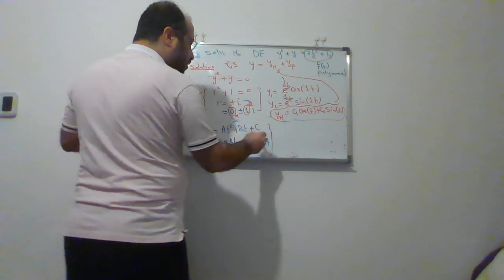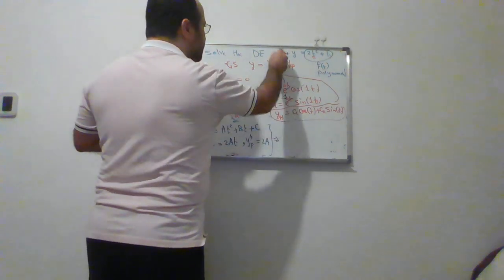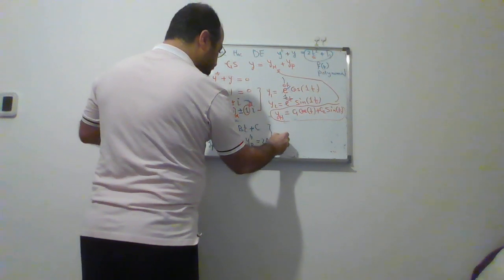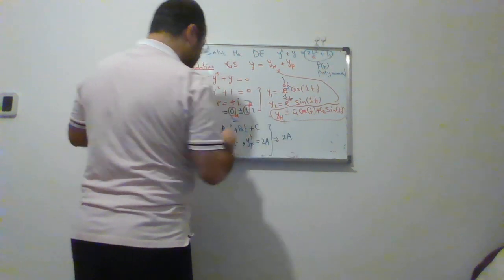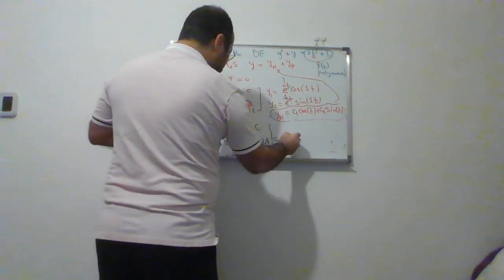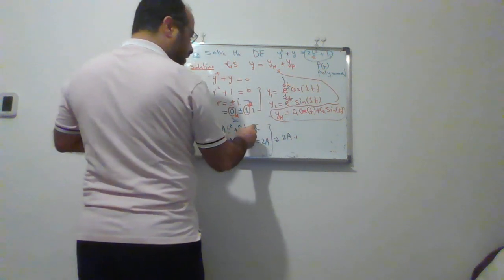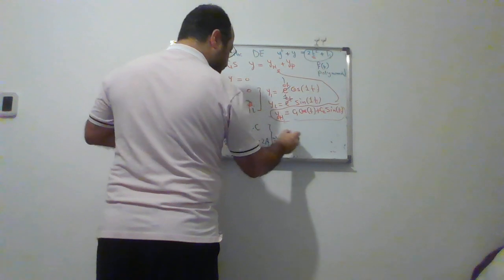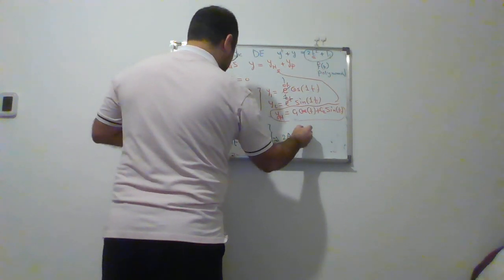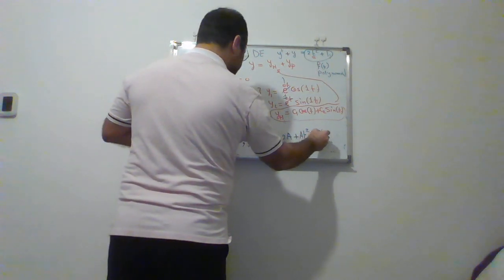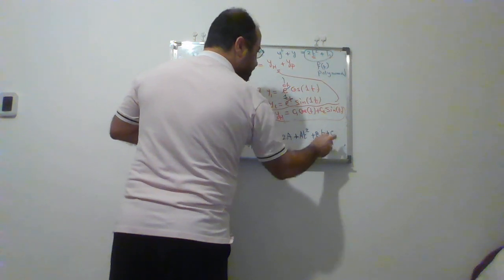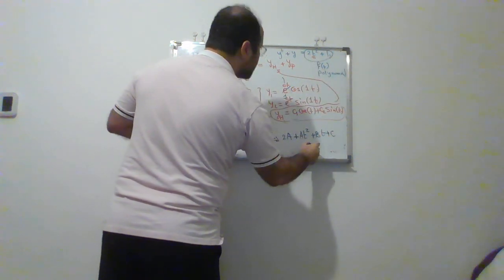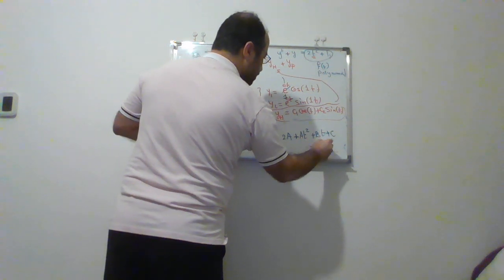And then you plug into the differential equation, right? So y particular double prime is 2a, and y is that thing. So I'm just going to the differential equation. Then I get a t squared plus bt plus c, and this should equal 2t squared plus 1.